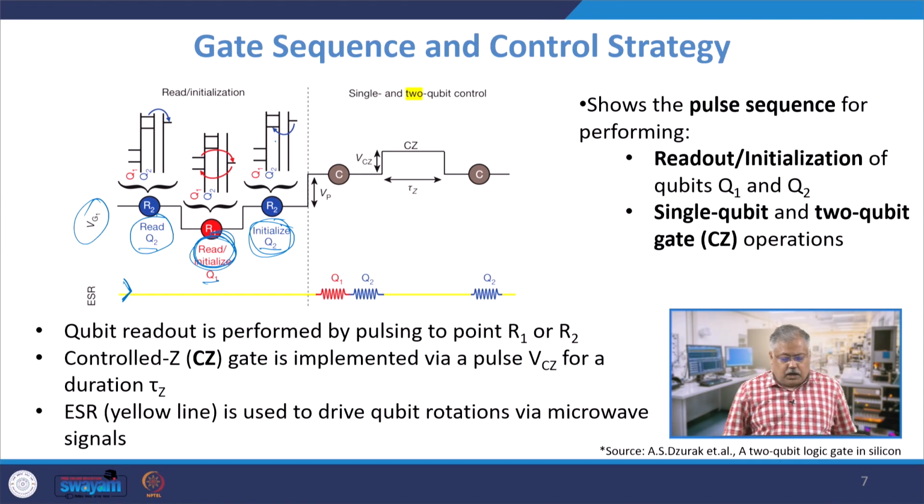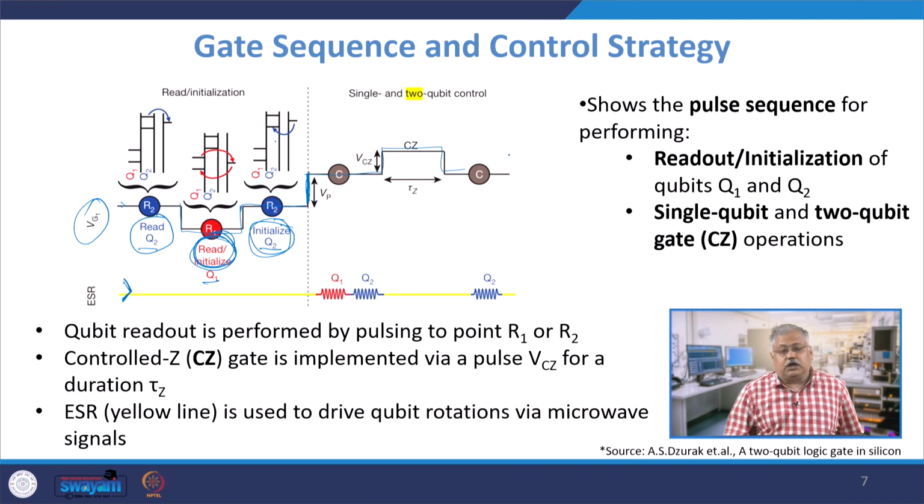If you look at the voltage signal, the voltage is high here, and as the voltage goes low, you are able to read or initialize Q1, voltage goes high again here, and then you are able to read Q2, and then there is a voltage here which is Vp, and from Vp you are actually trying to measure the value of the CZ value.